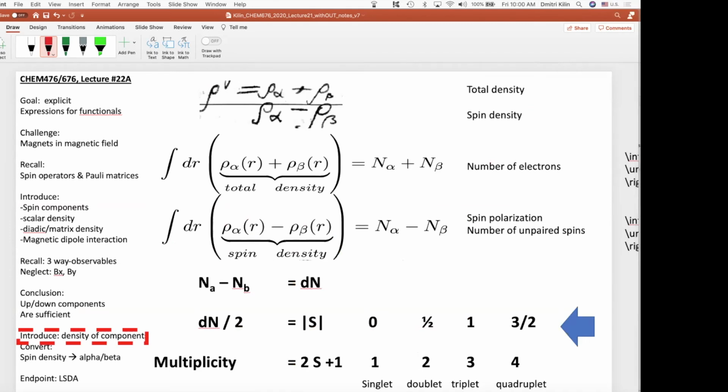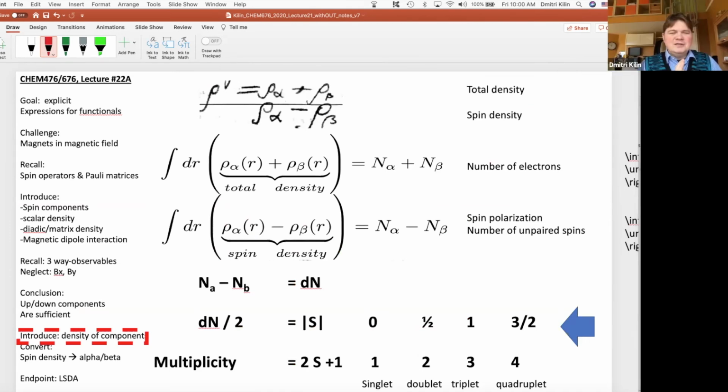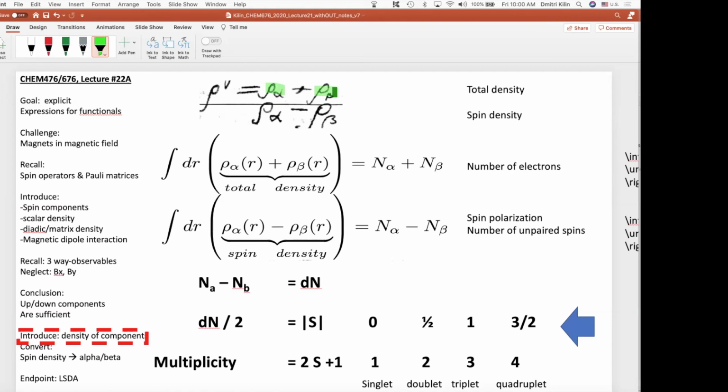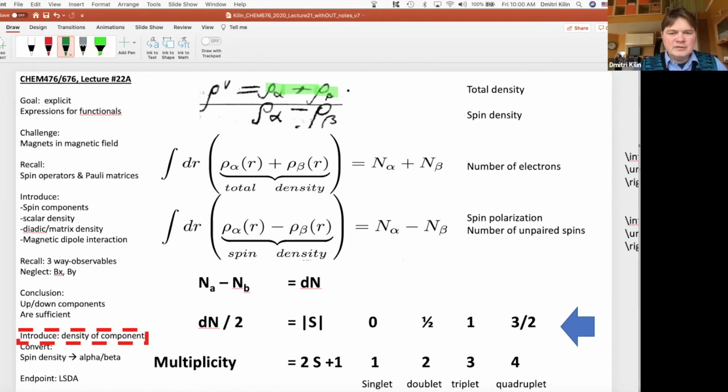So now, I believe Kia did notice this equation. If one has the alpha and beta densities, one can add them together and obtain the total density of all electrons, alpha and beta, right?